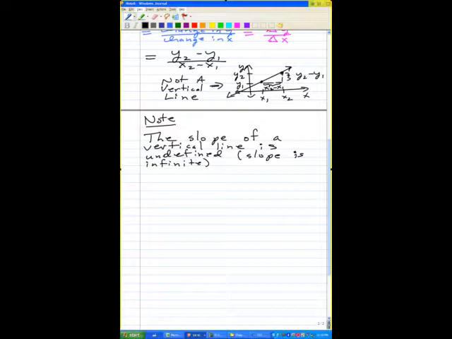Note, however, the slope of a horizontal line is defined, and so it's a very nice, well-defined value.